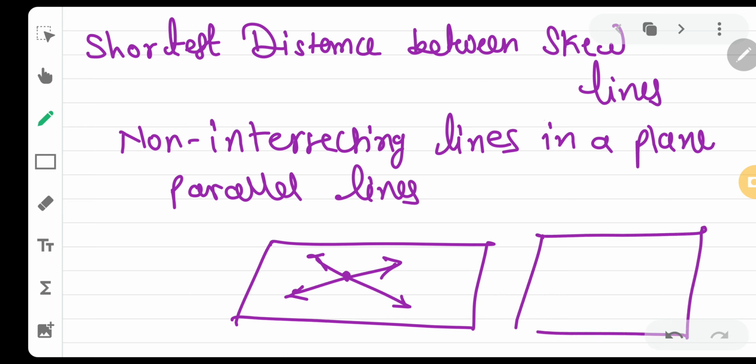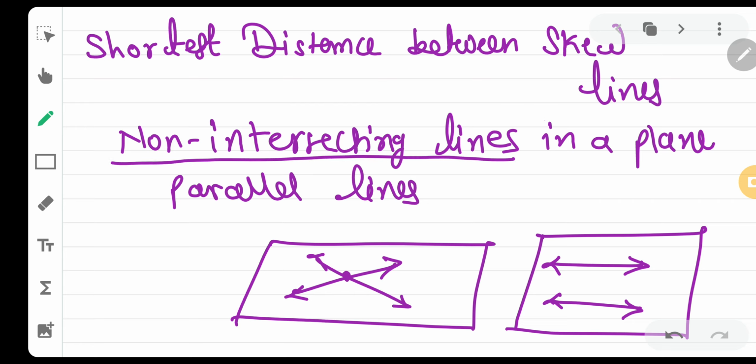But if they are lying in the same plane and they are not intersecting each other, then they are parallel lines. But generally we only focus on non-intersecting lines. That is half knowledge. We have to consider the plane also, then you call them parallel lines.